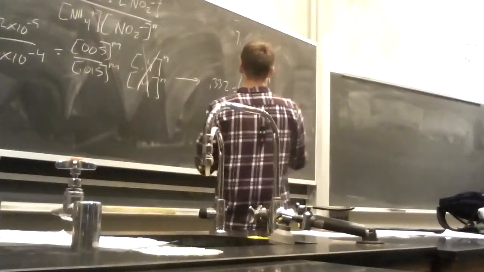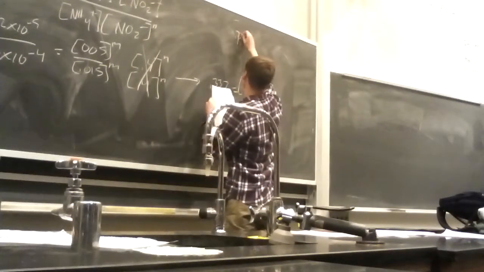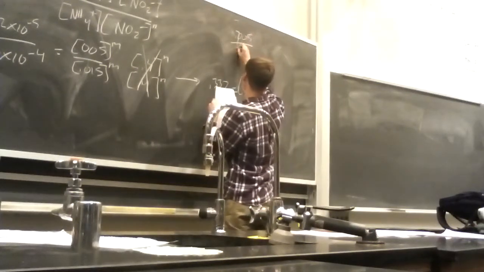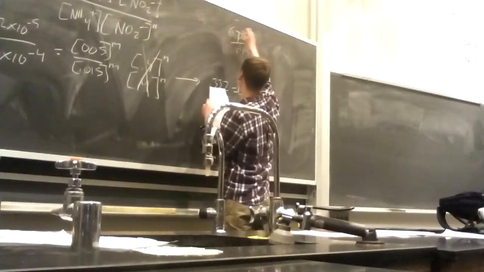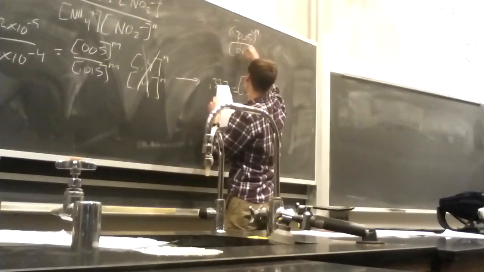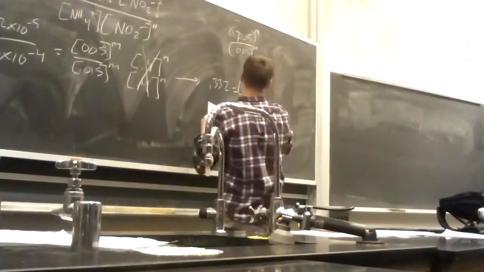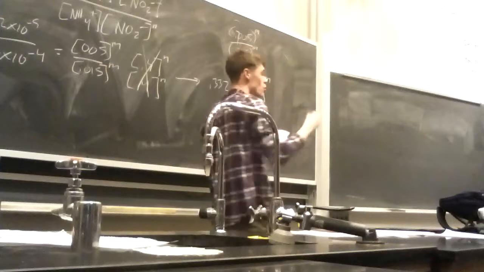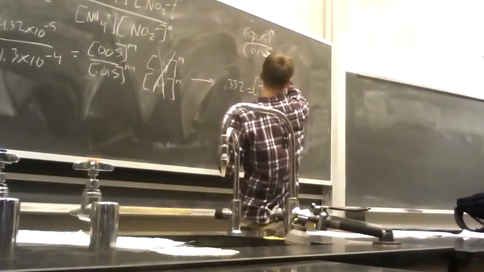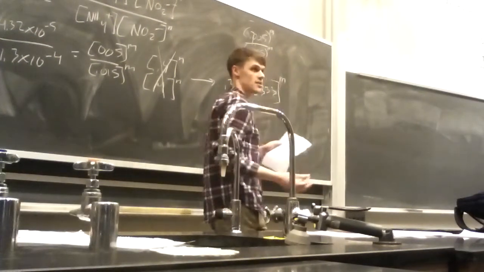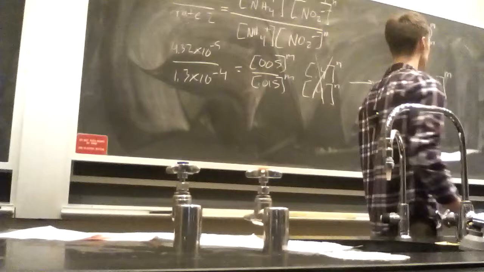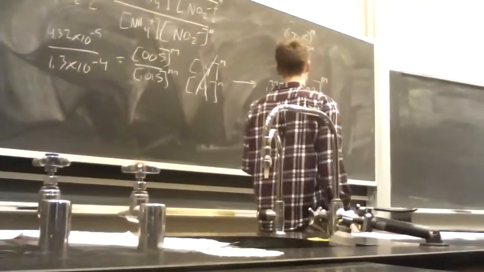And now the reason I could do that, maybe if you didn't understand that step, is 0.005 over 0.015. That's the same thing. You don't need to work if the m's are the same. You just divide the numbers as if they were by themselves. And so that gives you 0.333 to the m.